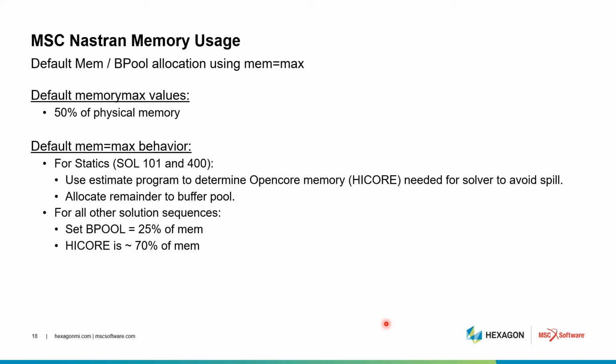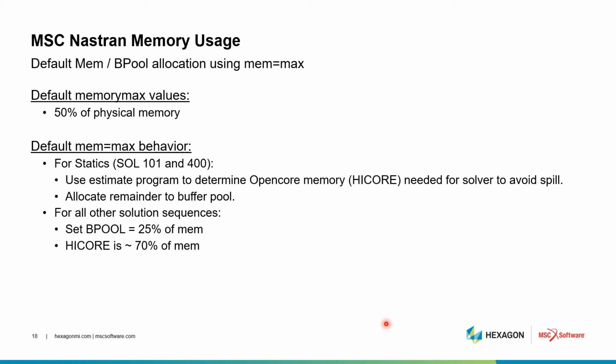For all other solution sequences, we set the buffer pool automatically to 25% of the memory, and high core is approximately 70% of the memory. So these are the settings given automatically by Nastran.